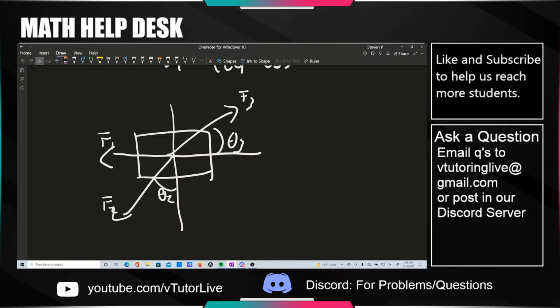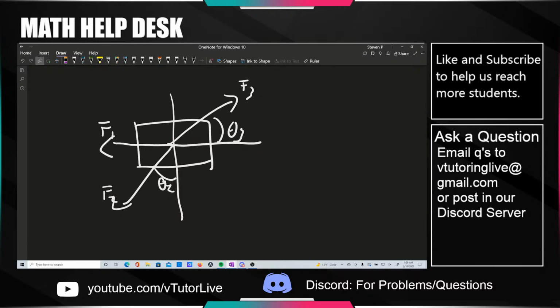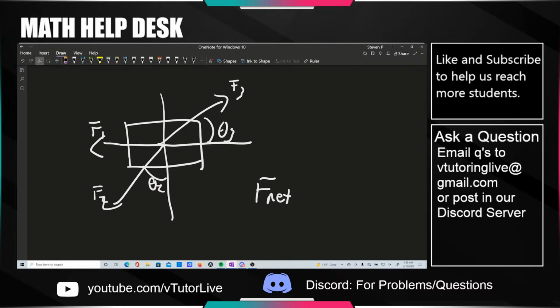What is the work done by the canister on the three forces during the first 4.5 meters, or however many meters of displacement? Okay, so with this in mind, what you're basically just going to do is figure out what F net is. Do you know the I and J notation? Just figure out F in the X direction, and F in the Y direction.